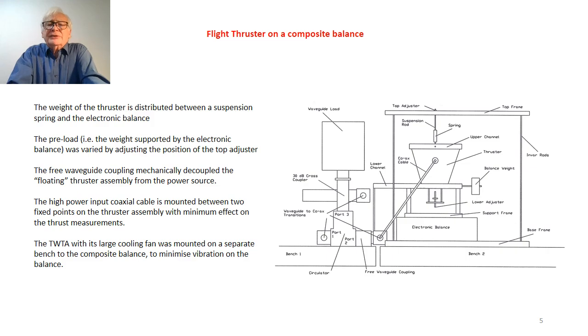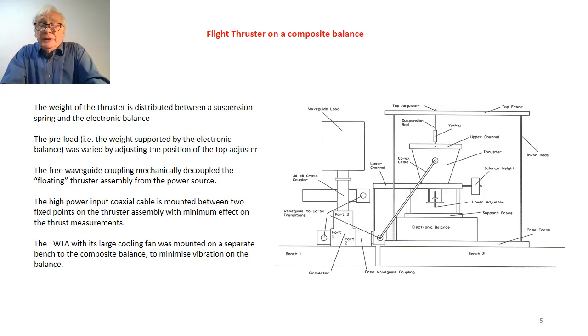So one of the first things we did was to make sure that the top fixing point of the suspension spring and the bottom base of the measurement apparatus itself was kept constant by using invar rods to separate these 2 points.